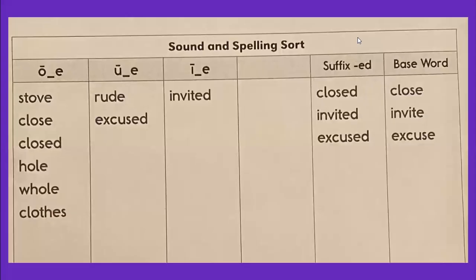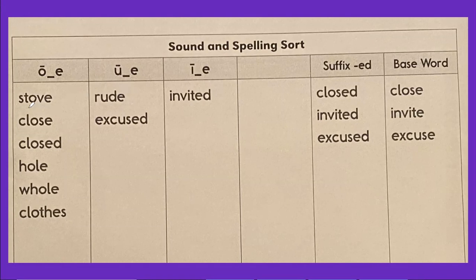In Letterland today, we're going to start by going over the sound and spelling sort from yesterday. Yesterday you were to identify words with the magic E pattern. So we want to look in this first column.